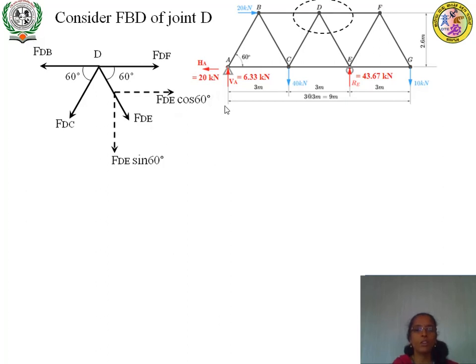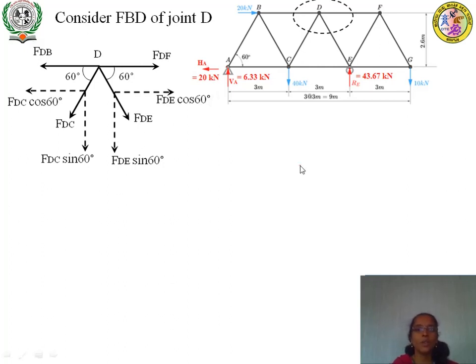FDE cos 60 along x direction, FDE sin 60 along y direction. Next, DC: FDC cos 60 along x direction, FDC sin 60 along y direction. This is in the fourth quadrant, x positive, y negative, and this is in the third quadrant, both negative.